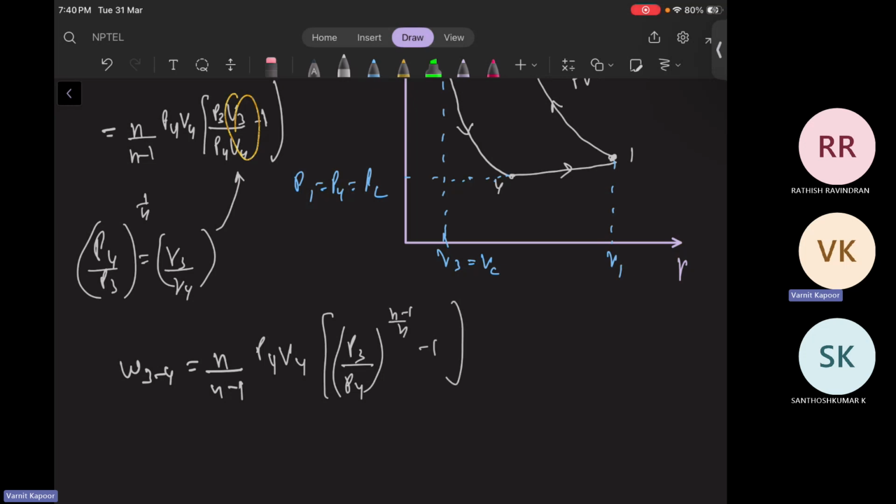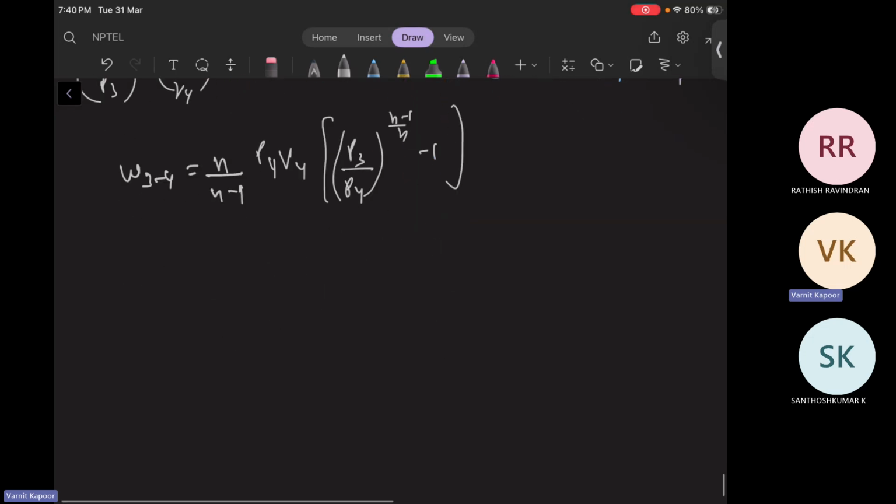Okay. So total work will be from 1 to 2 and 3 to 4. So 1 to 2 is a work absorbing process, 3 to 4 is an expanding process. So there will be a difference, 1 to 2 minus 3 to 4. So the net work input is basically work from 1 to 2 minus work from 3 to 4.